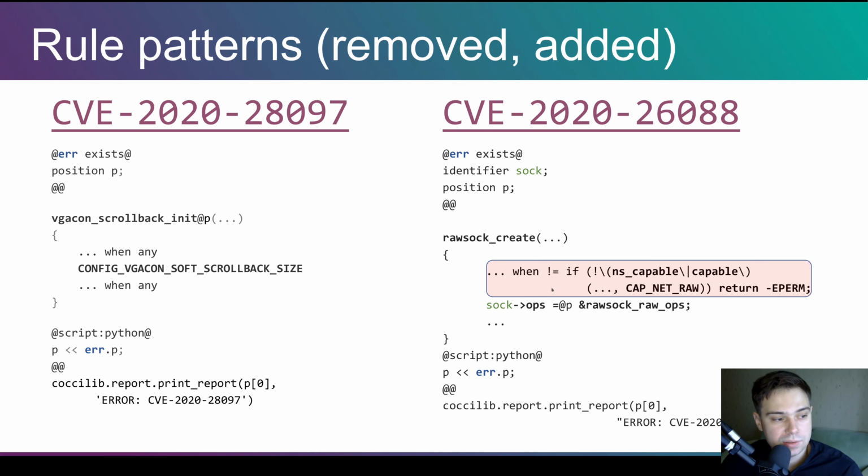There is a ... when != notation that means match everything if it doesn't contain this line. So we'll match raw_sock_create if it doesn't contain a capable call before assigning raw_sock_raw_ops to a pointer. And later I also added the ns_capable call because capable was changed to it.